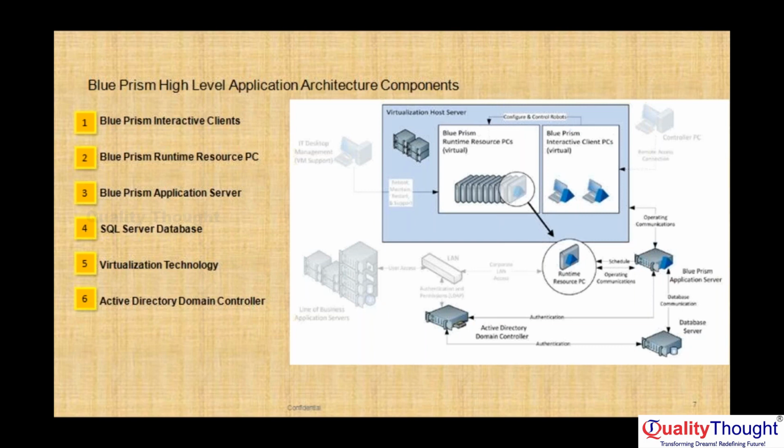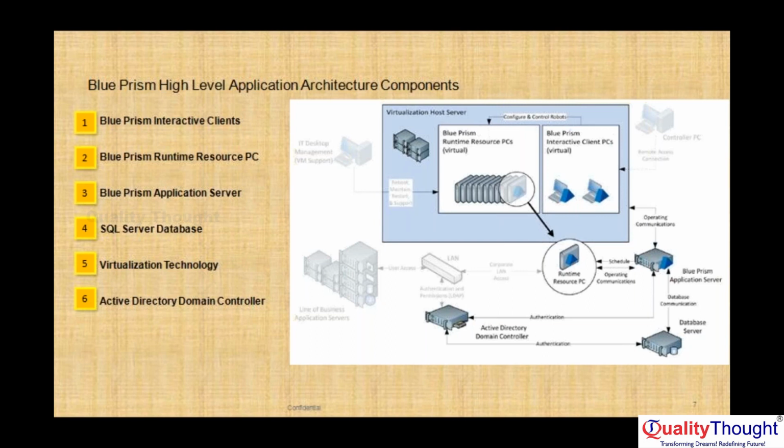But in scaling up, now I have the initial setup in Blue Prism. I have 5 developers. We bought 5 interactive clients which are integrated to one control room. But I want more Blue Prism runtime resources. Then you can scale it up. See, in Automation Anywhere, for each component you have to pay money.